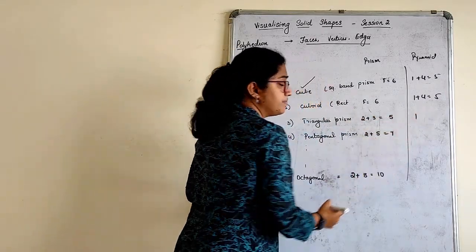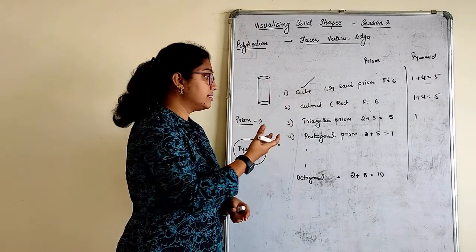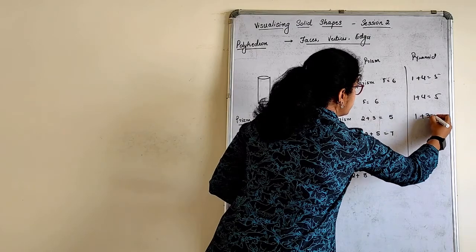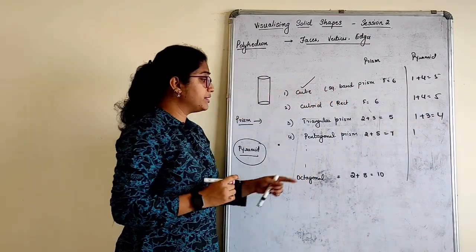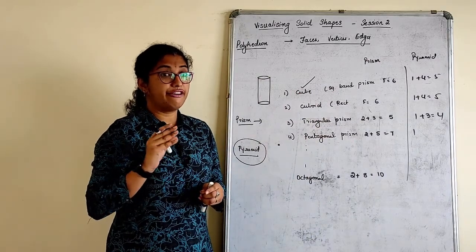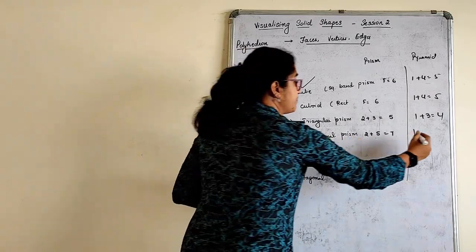Base is a triangle. One face. How many faces will it have in this manner? Since it's a triangular base, it can have only 3. So plus 3 is 4. Pentagonal-based pyramid. Base will have 1 pentagon. How many sides does a pentagon have? 5 sides. So how many triangular faces will it have? 5.